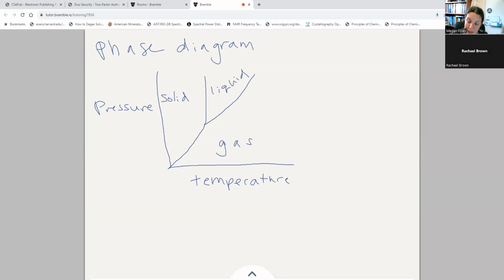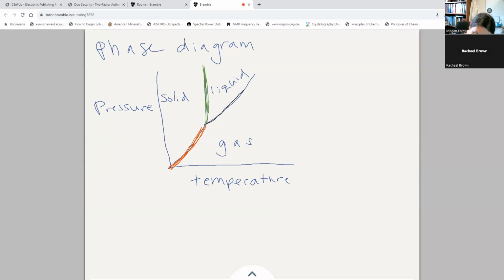So each of these lines, this line right here is our line that represents the equilibrium between our solid and our gas. This line right here represents the equilibrium between our solid and our liquid.